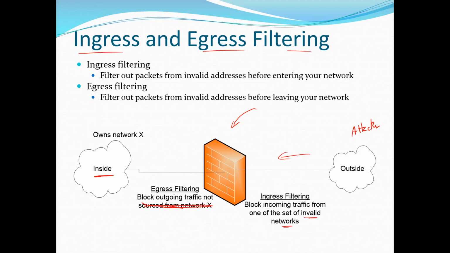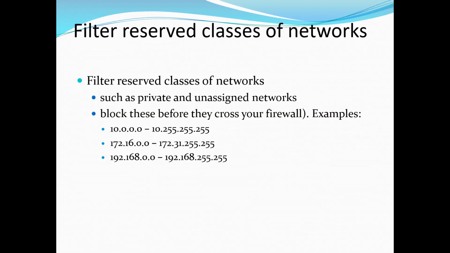Ingress filtering filters out packets from invalid addresses before entering your network. Egress filtering filters out packets from invalid addresses before leaving your network. Invalid maybe is not the best word; it should be unauthorized.